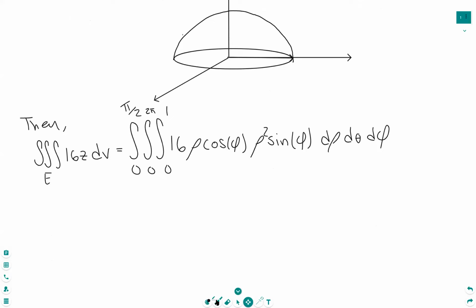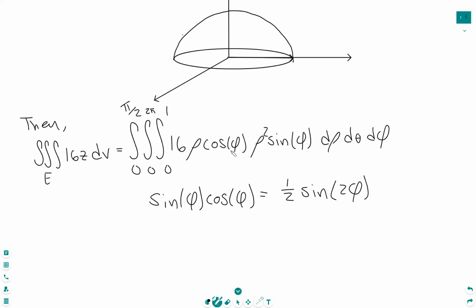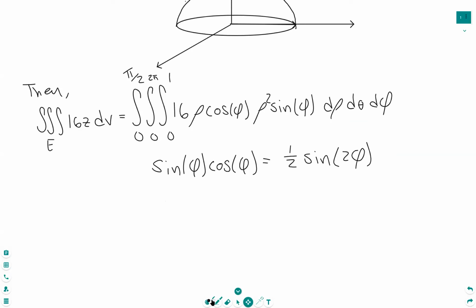So we can use a trig identity to help us out here. If I have the sine of some angle times the cosine of that angle, I can rewrite this as 1/2 sine of 2 times that angle. So I have a cosine and a sine here. So we can rewrite this as 0 to pi over 2, 0 to 2 pi, 0 to 1, and then we have this half that gets generated.